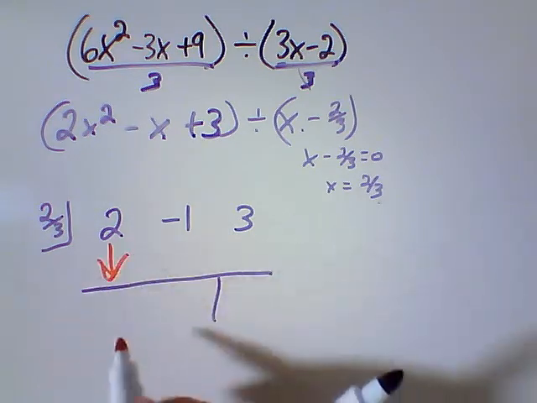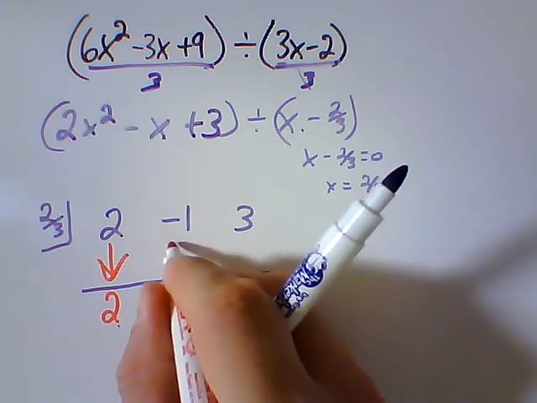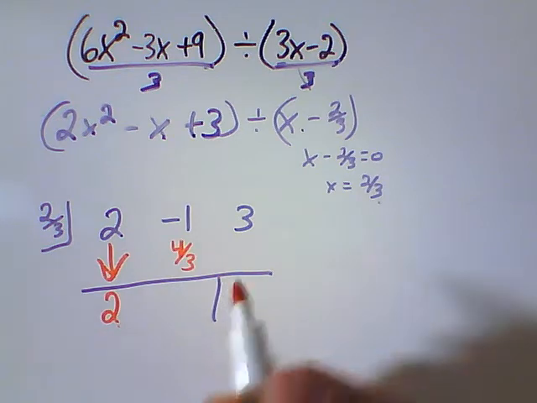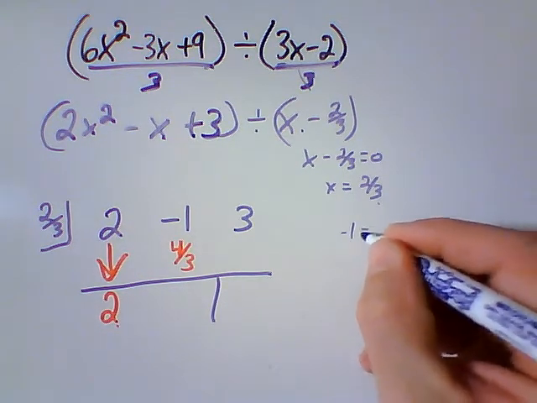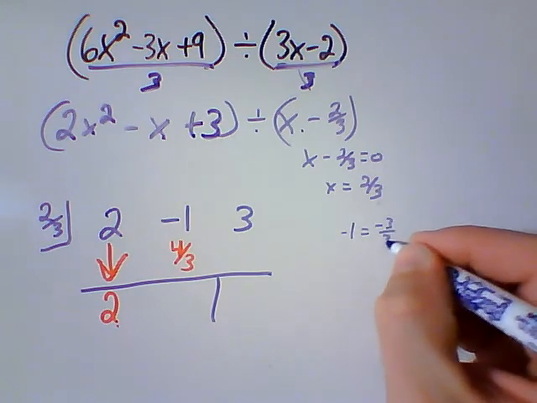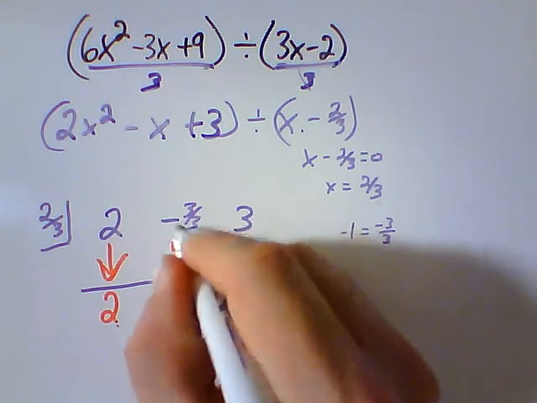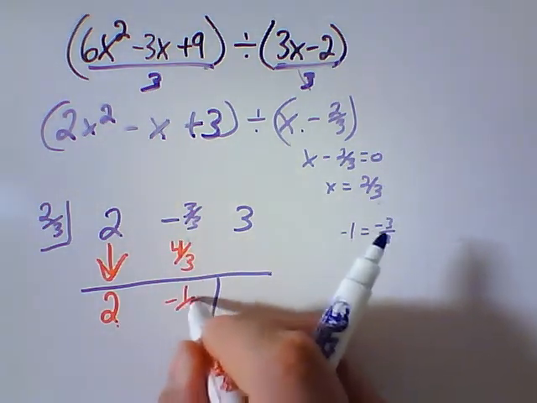Bring down the 2. 2 times 2/3 is 4/3. Oh, this is what you get. You said you could deal with fractions. -1 is the same thing as -3/3. Now I'll have common denominators. -3/3 plus 4/3, that's 1/3.